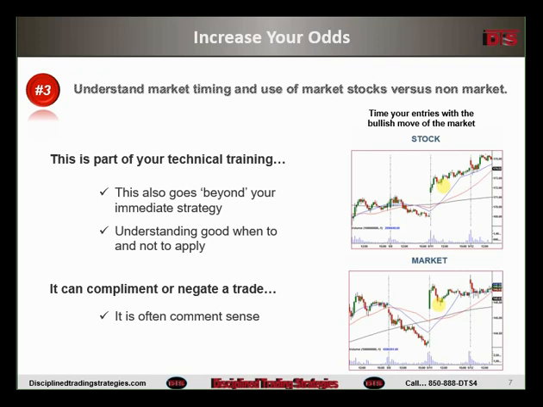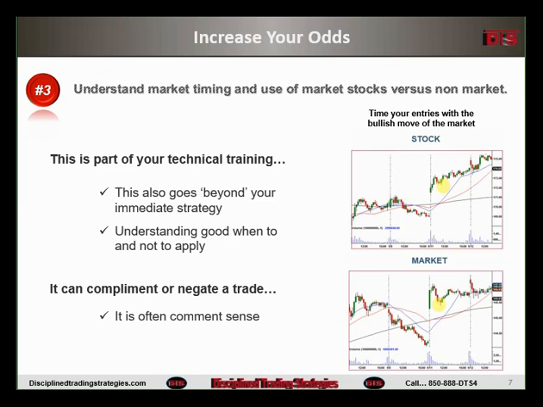The other issue is if the market's about to fall for 30 minutes, which might happen in the case I just explained, why would you want to go long a market stock? Why don't you want to see what it looks like after the market drops? Again, this is an additional concept to whatever is on the charts about your particular trade.